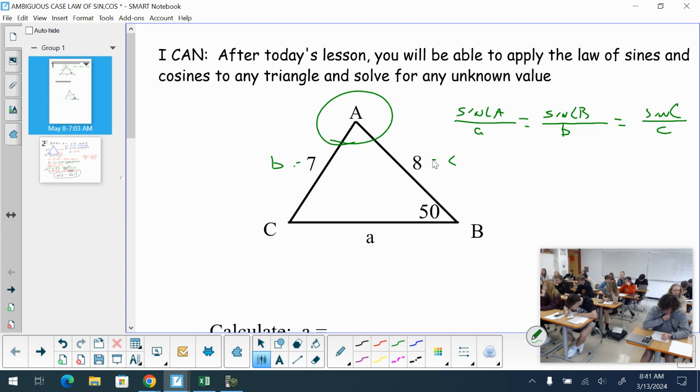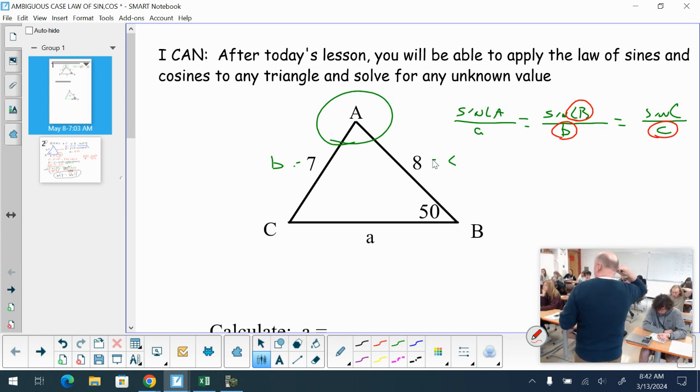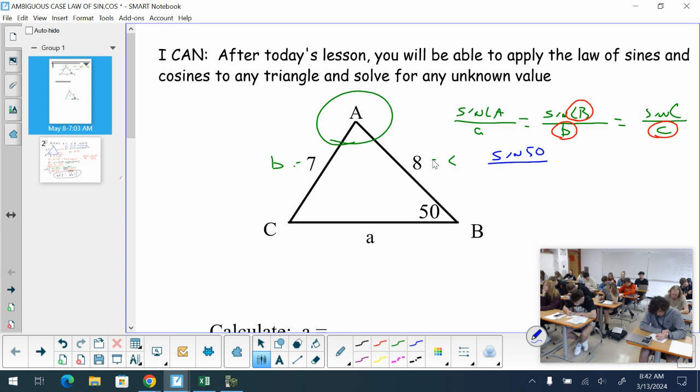Well, what we know here is we know b, we know c, and we know angle B. So we know 3 values of a proportion, which if we know 3 values of the proportion, we should be able to solve for the 4th value of the proportion. So if we substitute in here, we have sine of 50 over 7 is equal to sine of angle C over the value of 8.